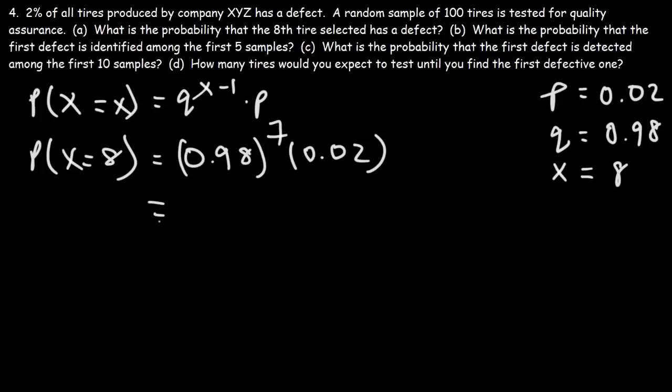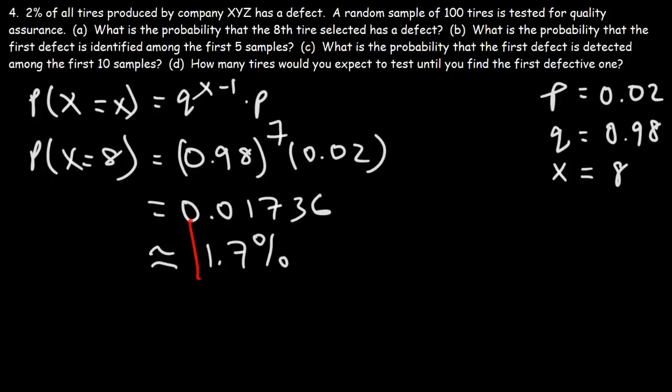So it's 0.98 raised to the 7th power times 0.02, and you should get 0.01736. So there is a 1.7% chance of selecting a bad tire during the 8th trial, or during the 8th sample.